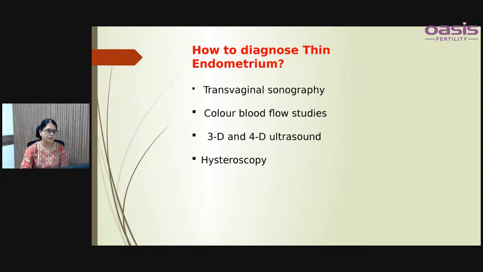The transvaginal ultrasonography is done, and measurement of the thickness of the endometrium is taken. Then color blood flow studies are done. Then 3D or 4D ultrasound to rule out any polyp or any fibroids.